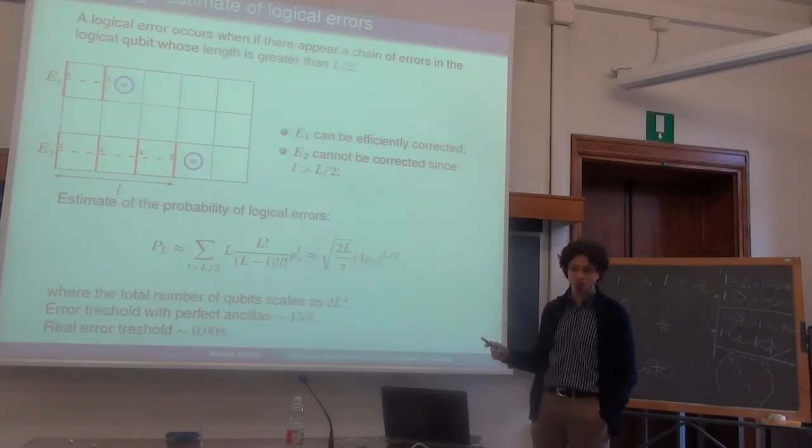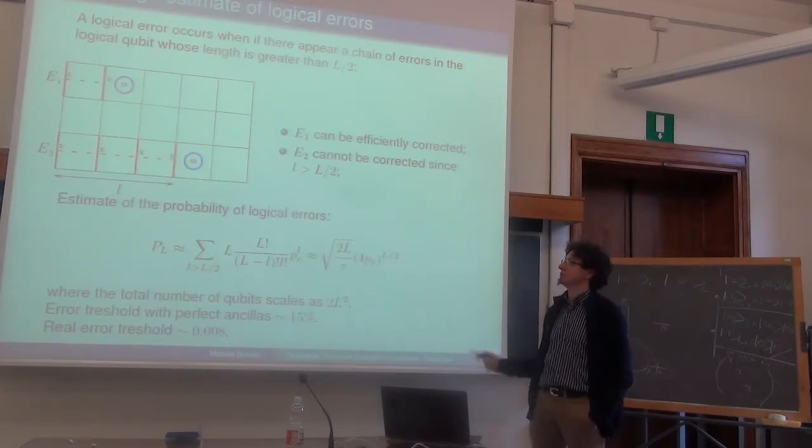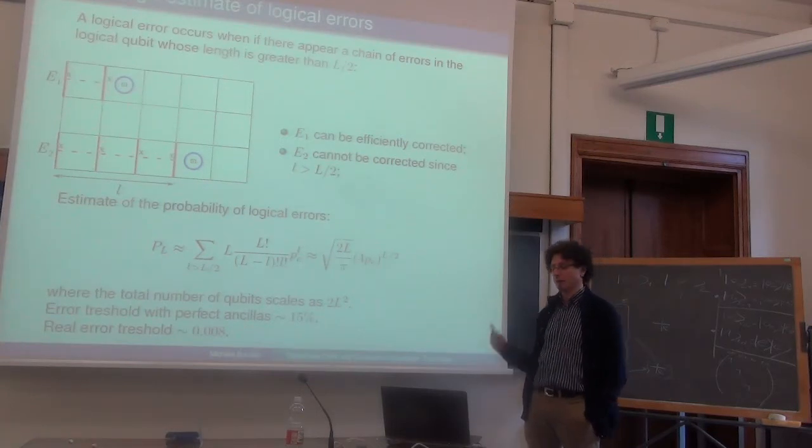But this would result in a logical error, because the noise created this vortex from this boundary, not the boundary which I am correcting. So essentially, you have an error that you cannot correct if along one line you have a number of errors that is more than half of the length of the line.